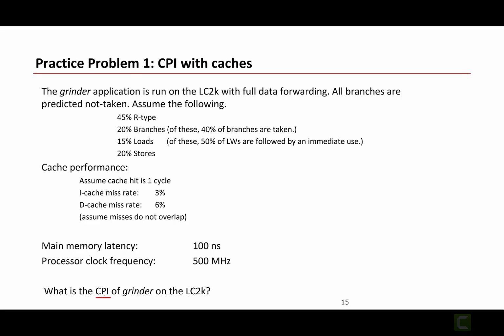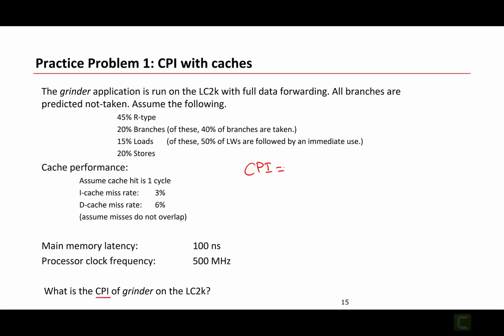The way to go about solving such problems is to first understand what the CPI is composed of. The CPI has several parts to it, but on average what we are asking is what is the average clock cycle count that an instruction would take.